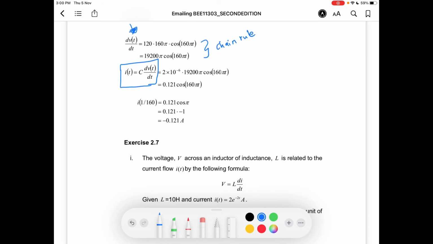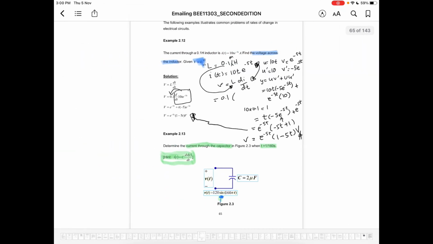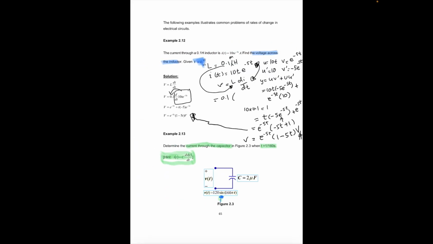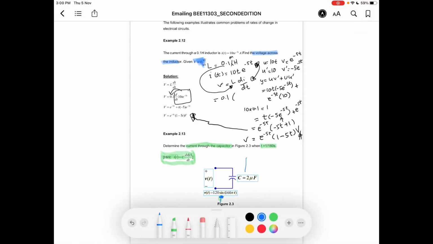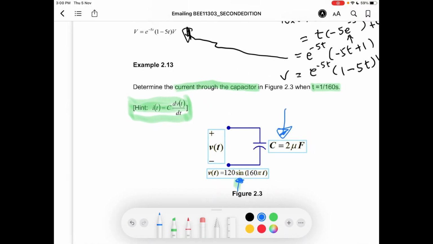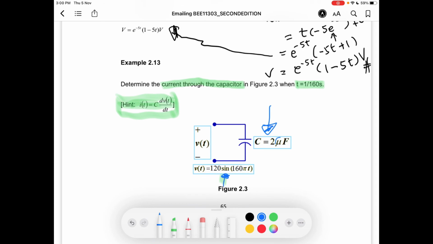And you just plug in the value here according to the formula, and don't forget that the unit for the C is 2 microfarad. There's a micro over there, so it is 2 times 10 to the power of negative 6. You need to include this.